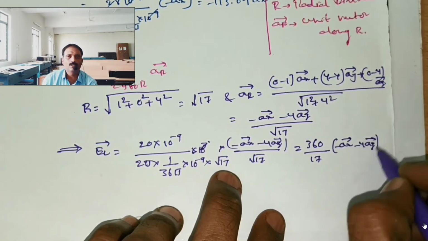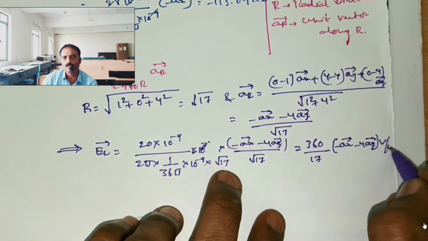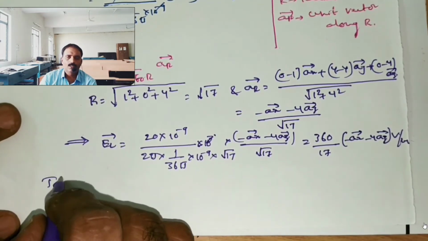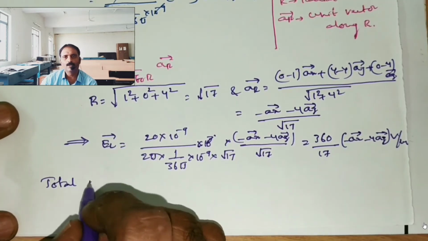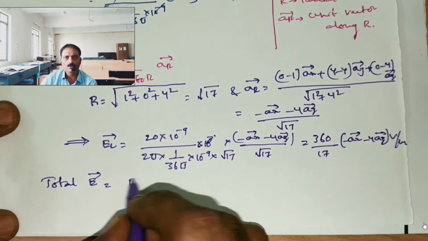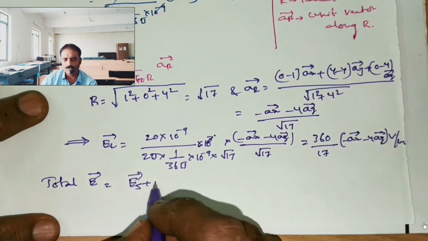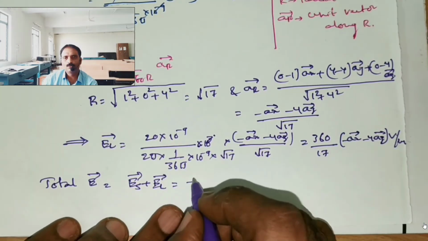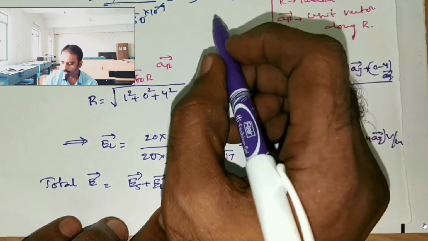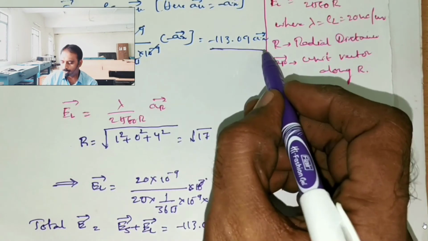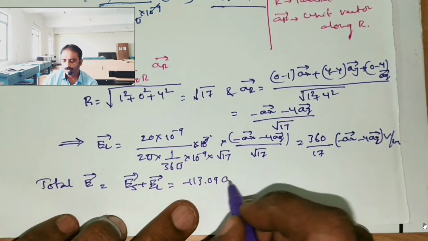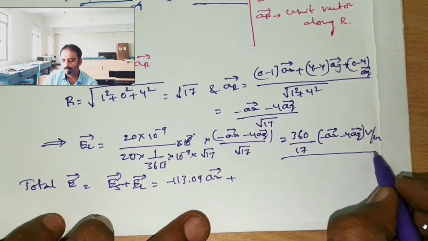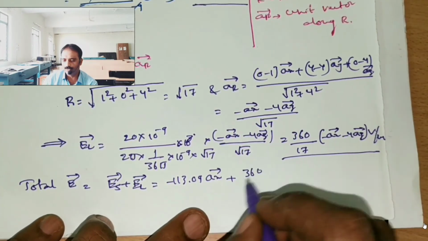So we have calculated the electric field intensities due to the sheet of charge and also due to the line charge, and the resultant electric field intensity will be the addition of these two individual electric field intensities. So hence E bar is equal to E_S bar plus E_L bar, and if you add these two electric field intensities together, we are going to get minus 113.09 a_x bar plus 360 by 17 into minus a_x bar minus 4 a_z bar.